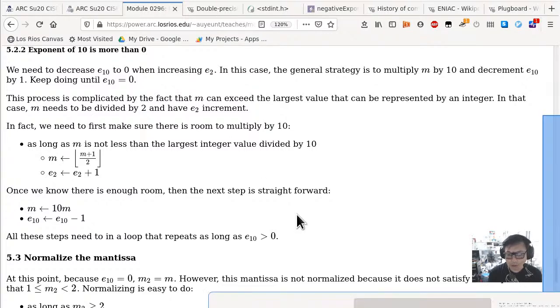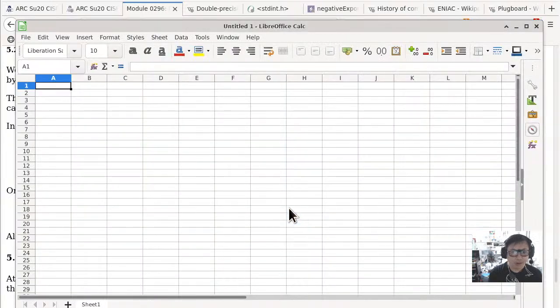I'm switching to a spreadsheet, because a spreadsheet allows me to illustrate how the algorithm applies, and I can do a lot of math in a spreadsheet. We're dealing with 16-bit unsigned integers for the mantissa, which means the mantissa can only represent values from 0 up to 65,535, which is not a whole lot.